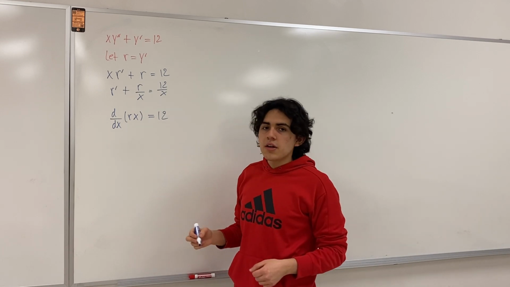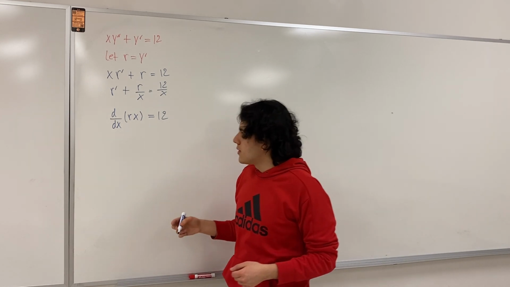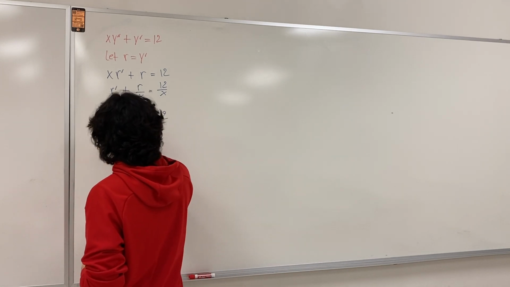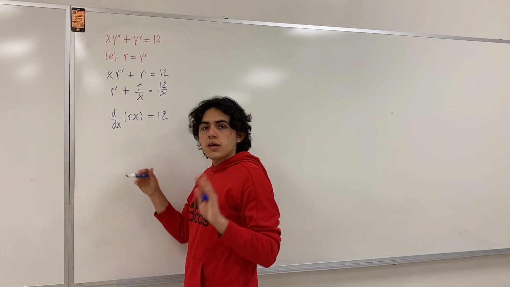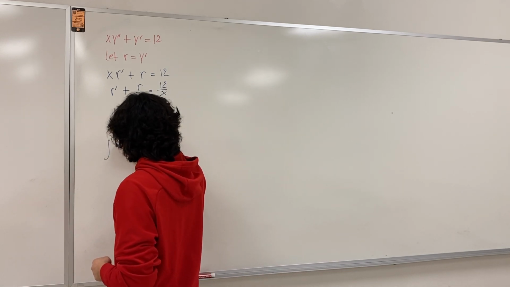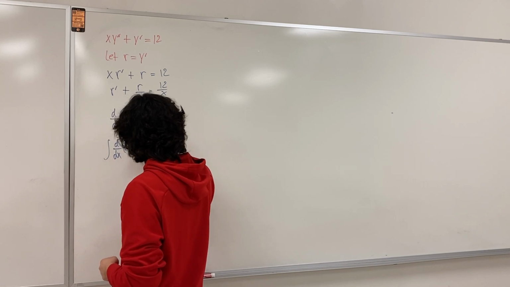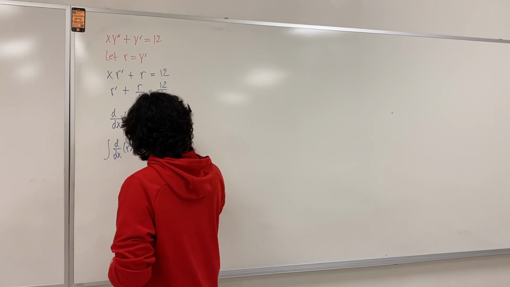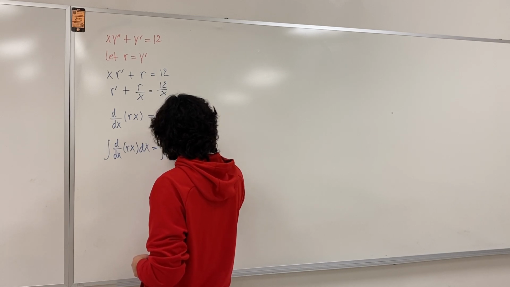And now, if you want to solve for r, which is our goal with this differential equation, you can just integrate both sides of the equation with respect to x. So that's going to look like this. I'm going to continue down here. We're going to be doing the integral of d/dx of r times x dx is equal to the integral of 12 dx.